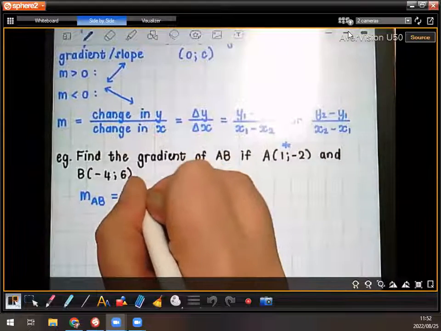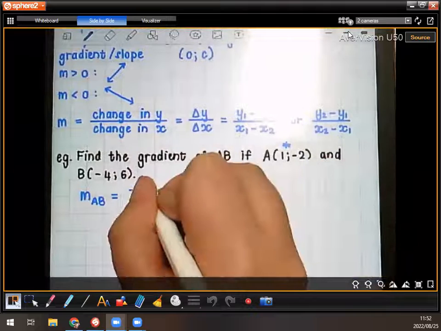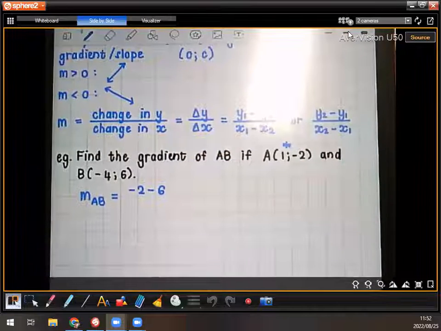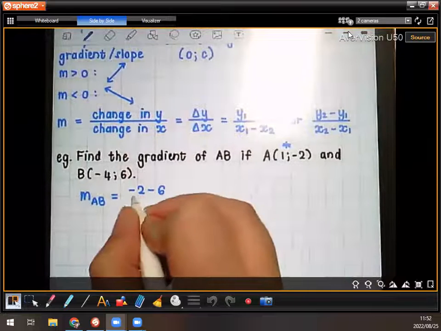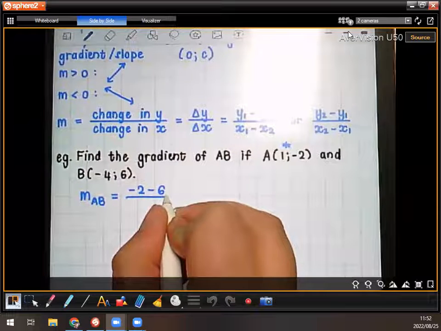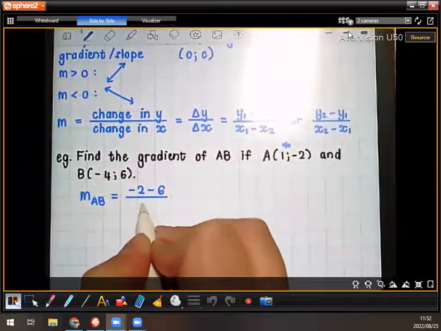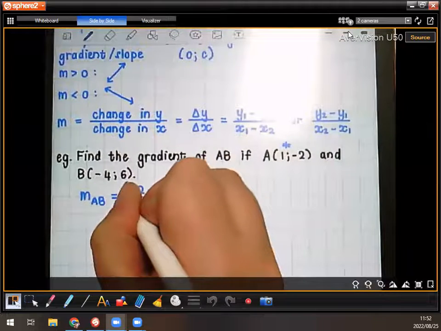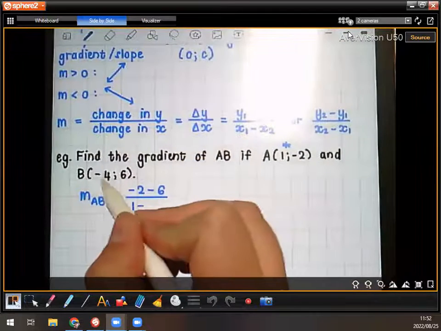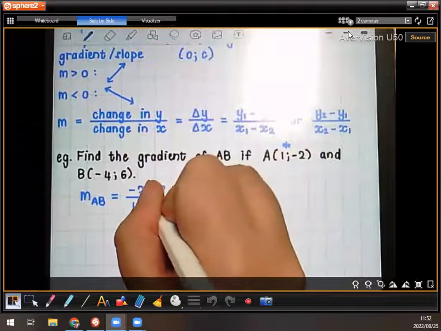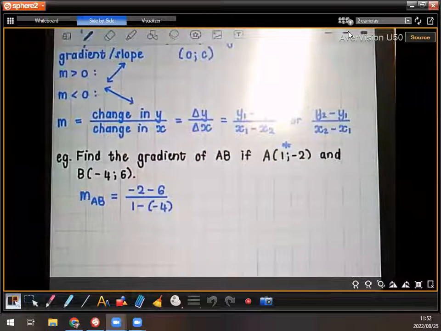So I'm going to say negative 2 minus 6. So you're always subtracting that second value over, so those are the y values, right? Y value of A minus y value of B, over x value of A, which is 1, minus the x value of B, which is negative 4.